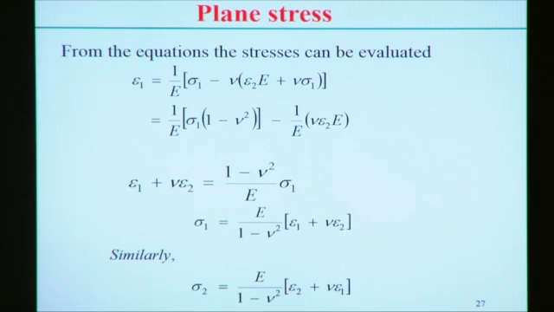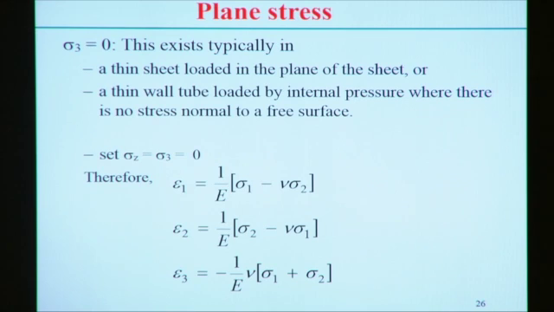Now it is possible to rearrange these equations and find the two stresses in terms of the strain components. Here sigma 1 and sigma 2 are represented in terms of the material properties, that means Young's modulus and Poisson's ratio, as well as two strain components. However, the third strain component can also be represented by adding the other two stresses.